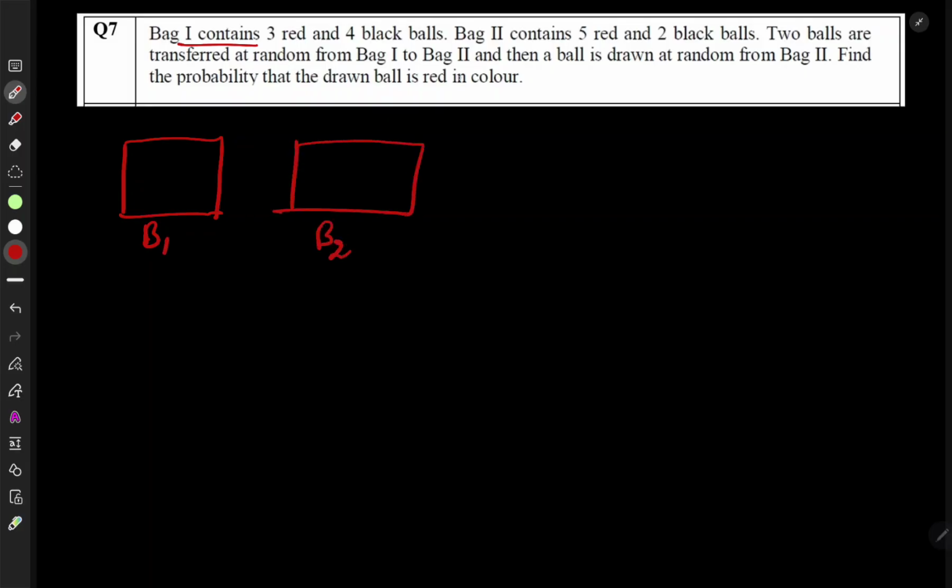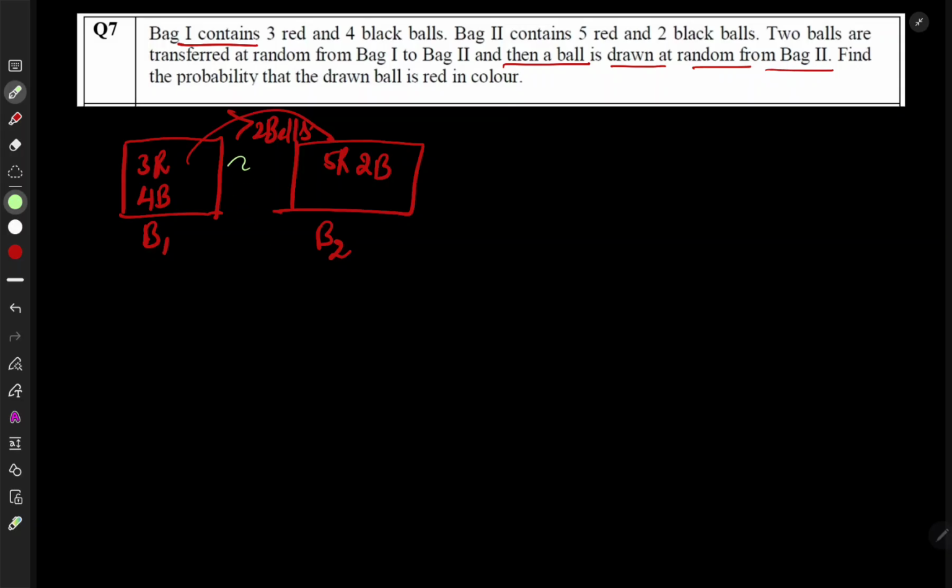Bag 1 contains 3 red and 4 black balls. Bag 2 contains 5 red, 2 black balls. 2 balls are transferred at random from bag 1 to bag 2. Then a ball is drawn at random from bag 2.